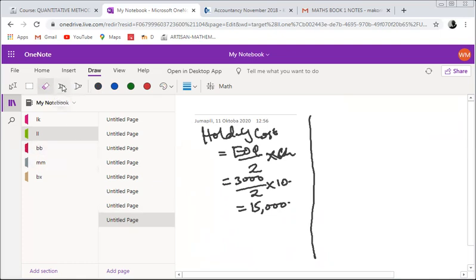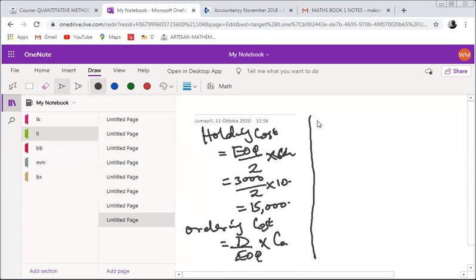It is normally obtained using this formula: the ordering cost is D over EOQ, then we multiply by CO. It is the annual demand over EOQ, then we multiply by CO.